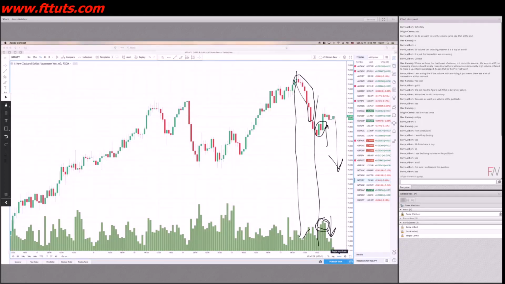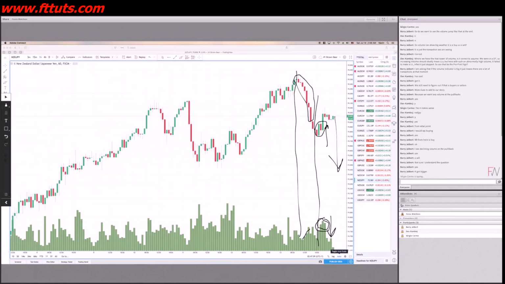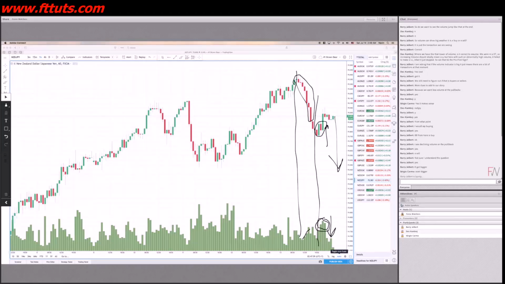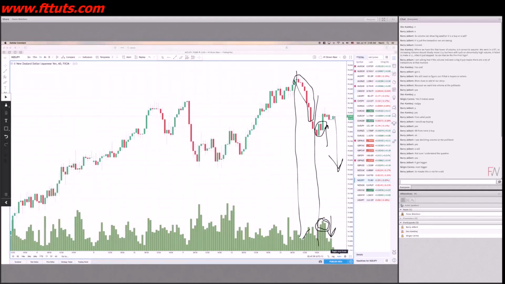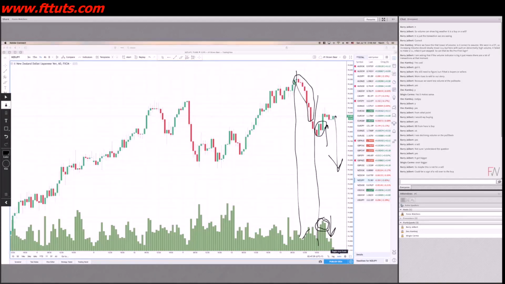That pullback that's begun from your second circle. What about the volume of that? Ah, it got bigger. What does that mean? There you go. It's basically telling you this pullback is not for selling.